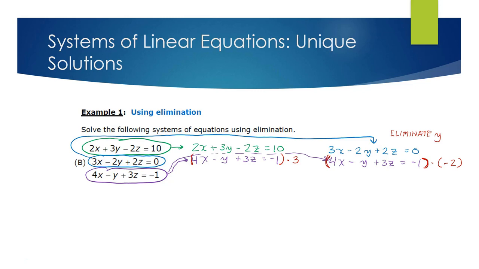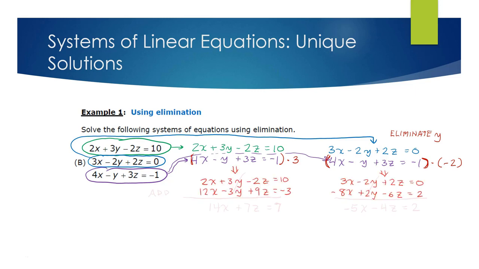And that would make the y's disappear when I eventually add them. And I multiplied the third equation by negative 2 for the second set. And what ends up happening when I do that and I add the equations together, I get 14x plus 7z equals 7. And I have negative 5x minus 4z equals 2.